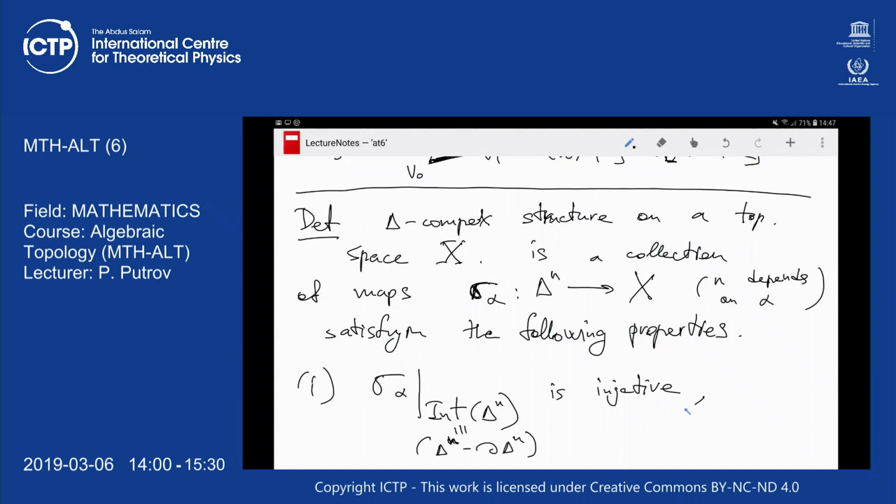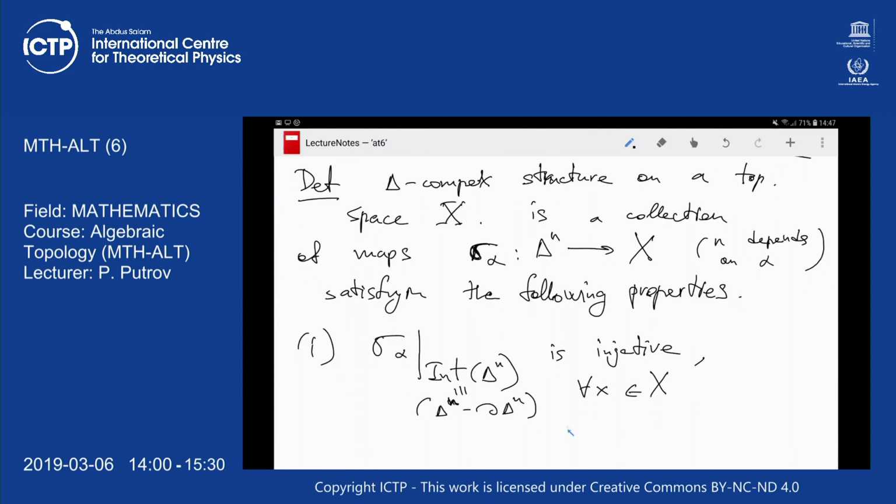And moreover, for any point x in the topological space X, there exists a unique index alpha such that x belongs to the image of sigma alpha restricted to the interior.